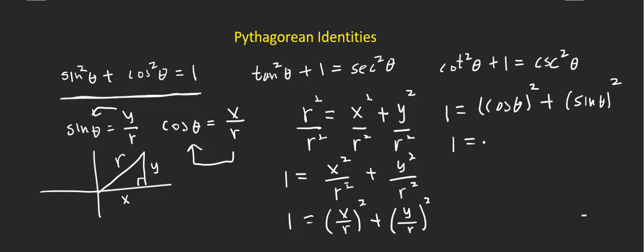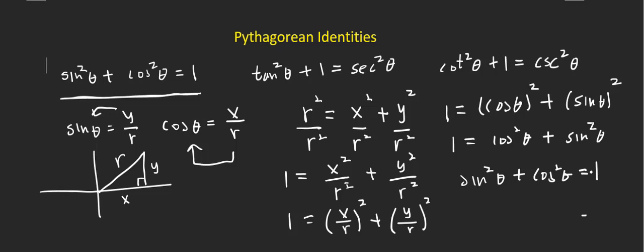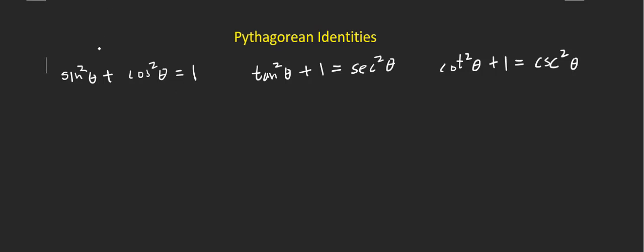That's 1 equals cosine squared theta plus sine squared theta, which is the same thing as sine squared theta plus cosine squared theta equals 1. We just saw why sine squared theta plus cosine squared theta is 1.